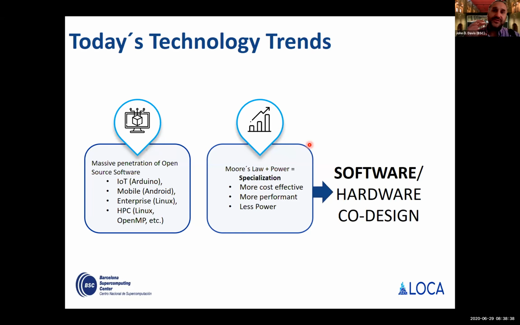And so this combination of the lack of Moore's law and power constraints have really pushed us into a new regime of specialization. We need something that's more cost effective, more performant, lower power, all to fit within that envelope. And HPC and other areas are really pushing that space. So really now we're getting to this regime where software as well as hardware combined, that co-design, is the way to achieve those performance characteristics.